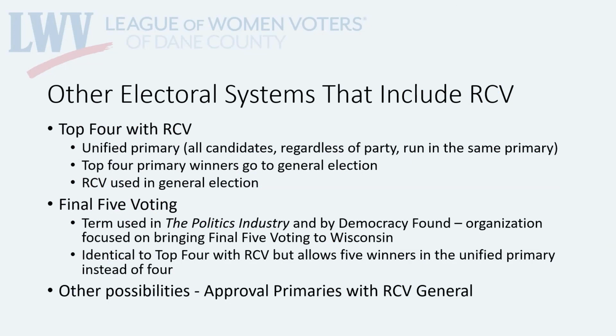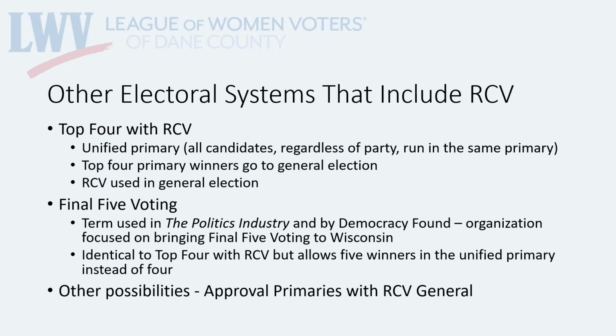Top 4 with ranked choice voting is the combination system that was approved in Alaska. A top 4 system has a unified primary, that is, a primary in which all candidates run in one race regardless of party affiliation. This system uses plurality voting in the primary, and the top 4 winners go on to the general election, which then uses ranked choice voting.